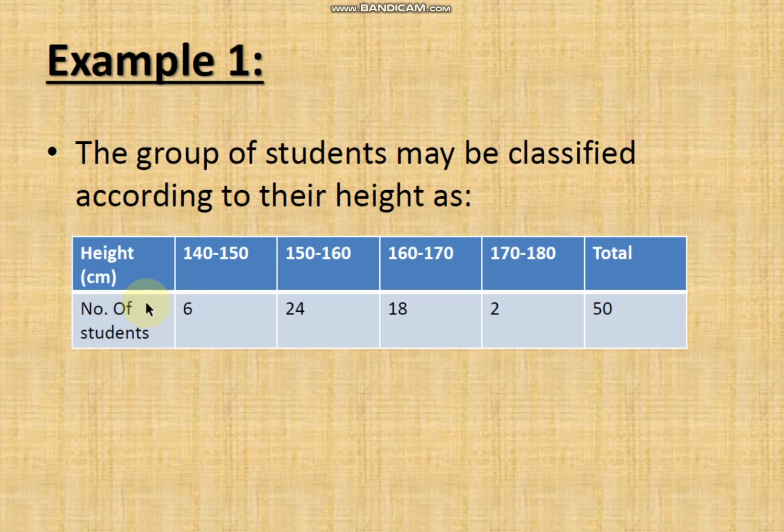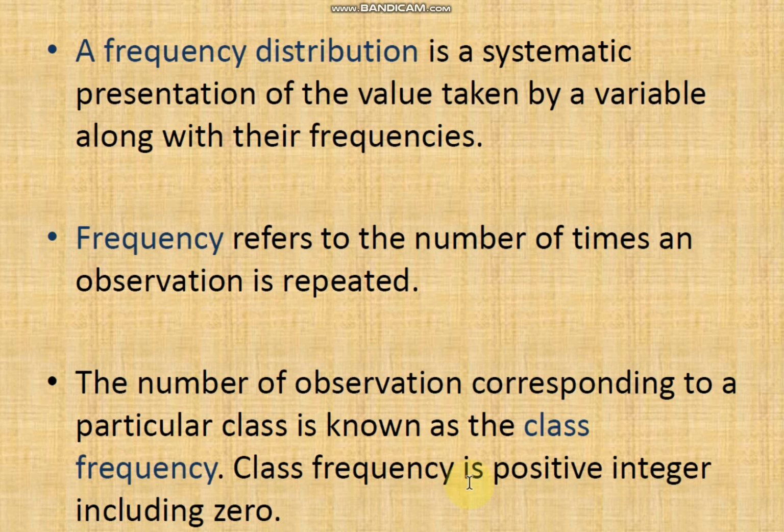Number of students means the frequency, repetition. That is, 6 students have the height between 140 and 150. 2 students have the height between 170 and 180. Height here is a variable and the number of students is a frequency. So this together is a frequency distribution, that is, a systematic presentation of variable and their respective frequencies.